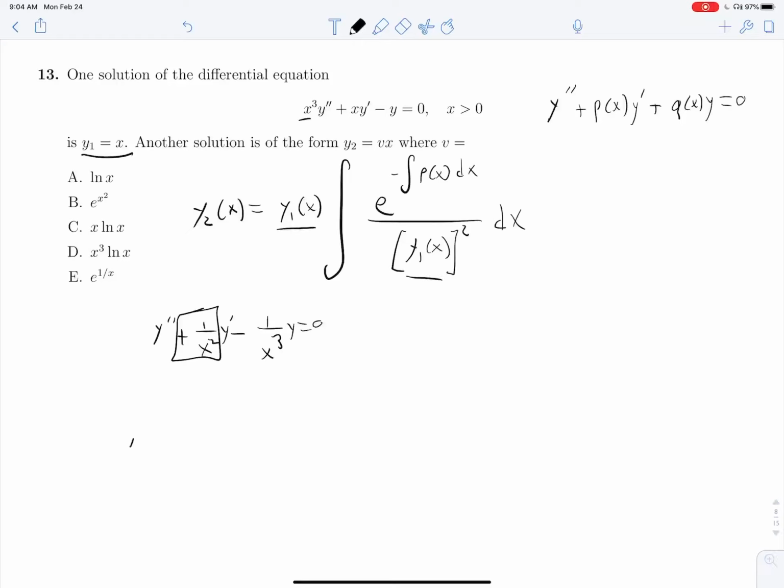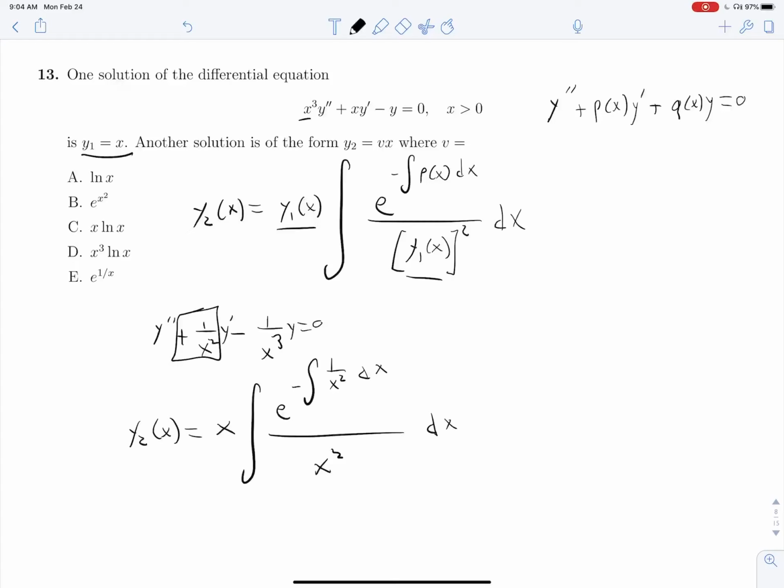So let's start setting this up. y2 of x is equal to x multiplied by e to the negative integral of 1 over x squared dx, all divided by x squared dx.